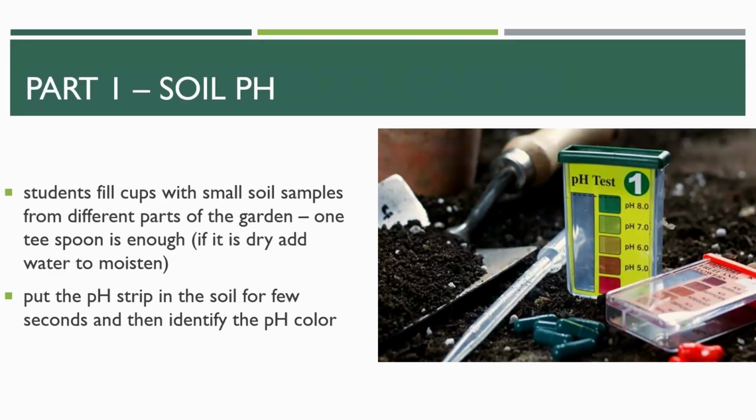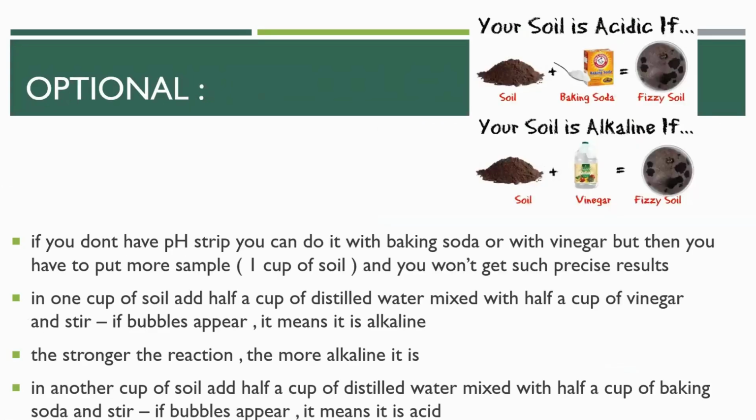One teaspoon is enough. If it's dry, add water to moisten. Then put the pH strip in the soil for a few seconds and identify the pH color. It's a very simple test.